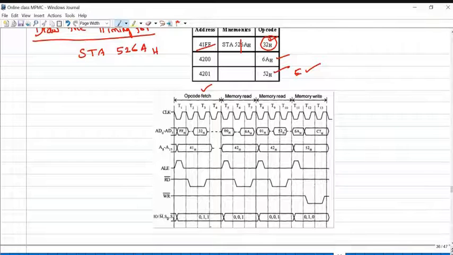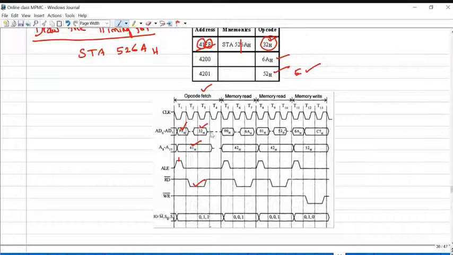During the T1 state, ALE is high, and AD0 to AD7 hold the lower order 8-bit address FF. A8 to A15, the higher order address bus, hold the higher order 8-bit address 41. Then T2 to T3, the read bar signal is activated, and during that time the opcode 32 is placed on AD0 to AD7.